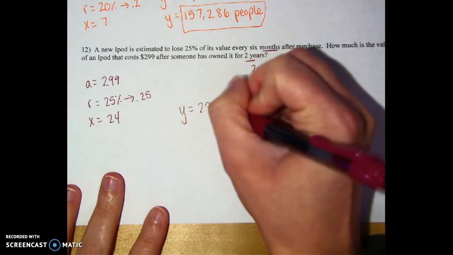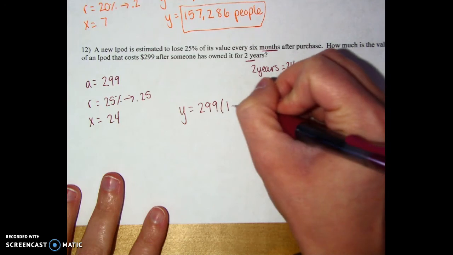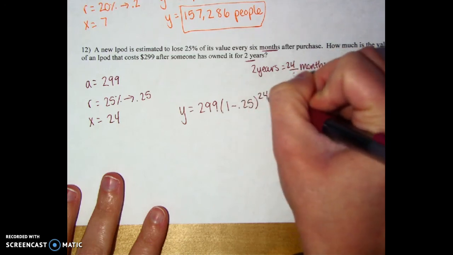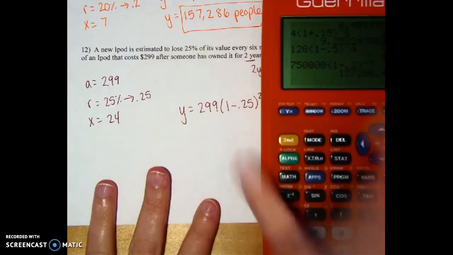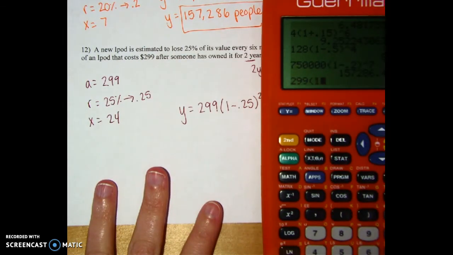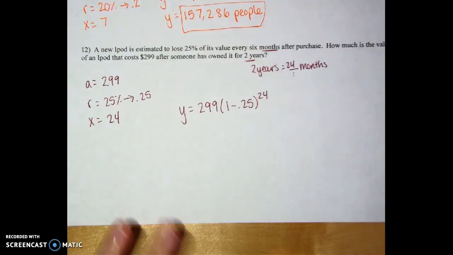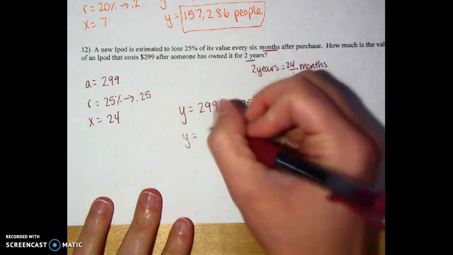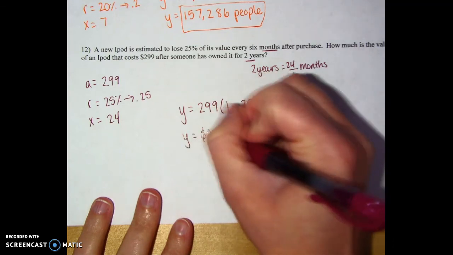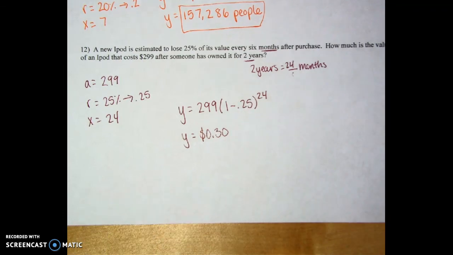Y equals 299 times 1 minus 0.25 to the 24th power. After 2 years, it's worth 30 cents. That's sad. So for this one, I'll just round it to 30 cents. So after you've owned an iPod for 2 years, it's worth 30 cents.